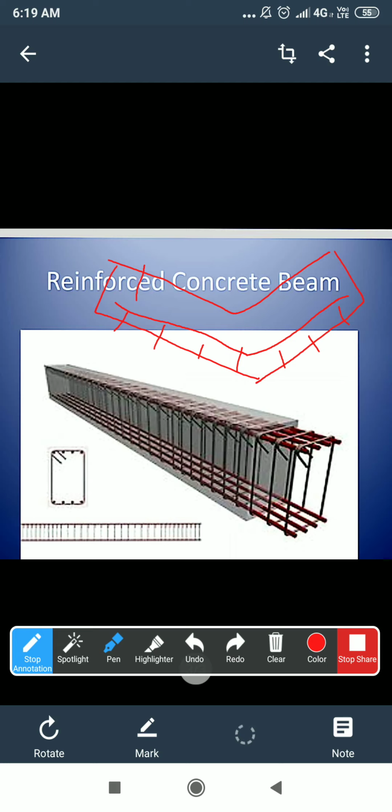If at all you expect any kind of failure, we will always design it as an under-reinforced section, where the steel member will undergo larger deflections, so that anybody can physically notice that the beam is undergoing deflection. When loading continues, first there will be a formation of cracks, the cracks may widen, and then the steel member will also undergo larger deflection. This is the concept behind the introduction of the steel member into the concrete.